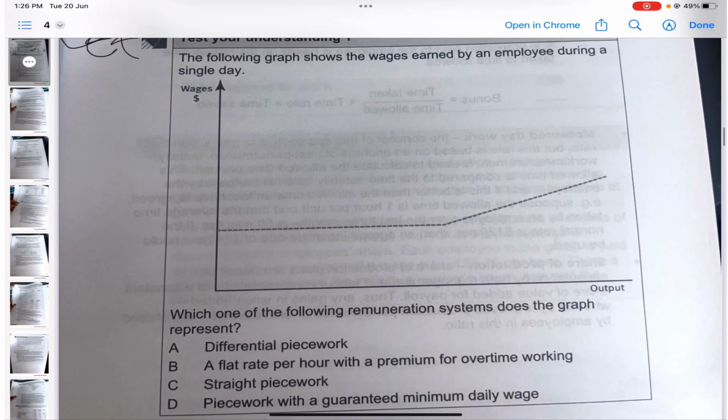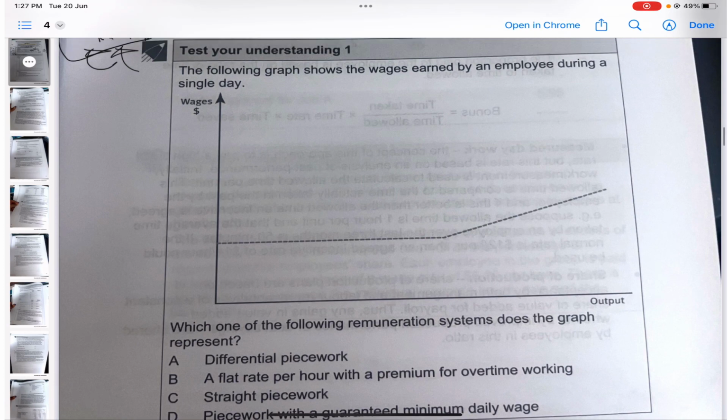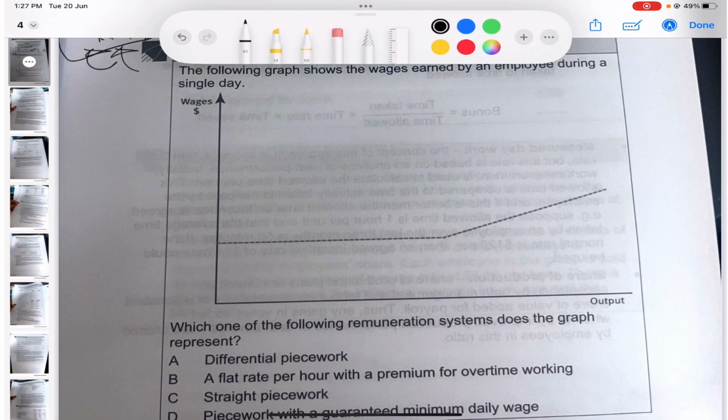Okay, alright. So now this is a graph, test your understanding number 1. The graph shows the wages earned by an employee during a single day. So output is here, the wages are also here. From this point onwards, as my output is increasing, my wages are also increasing. Now what is this? Try to understand and try to read the graph.